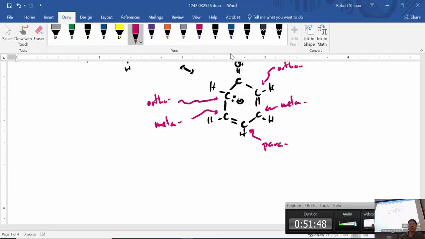And so right now the negative charge is on the ortho carbon. But we can further delocalize this into the ring. And so what I'm going to do is drop these into the bond here and then kick these out onto the para. So what we end up with is this structure here.